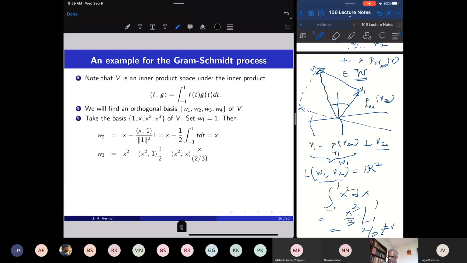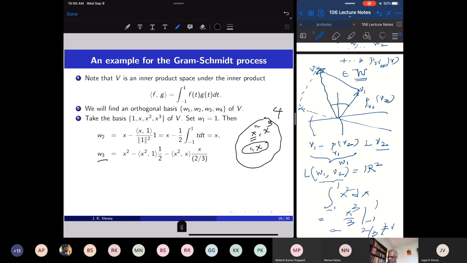Okay, now let us look at W3. 1 and x span a 2-dimensional space in this 4-dimensional space, and outside this there are x square and x cube. So we now take x square, and I want to produce 3 mutually perpendicular polynomials.